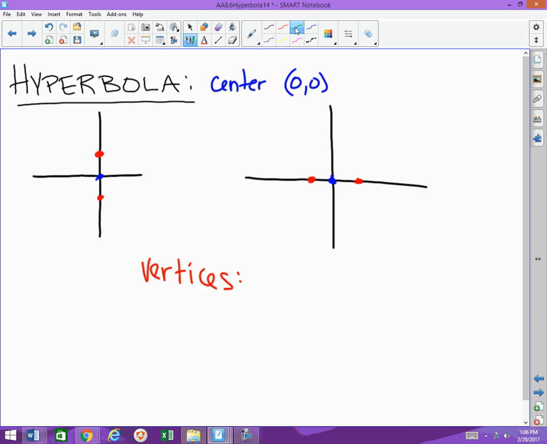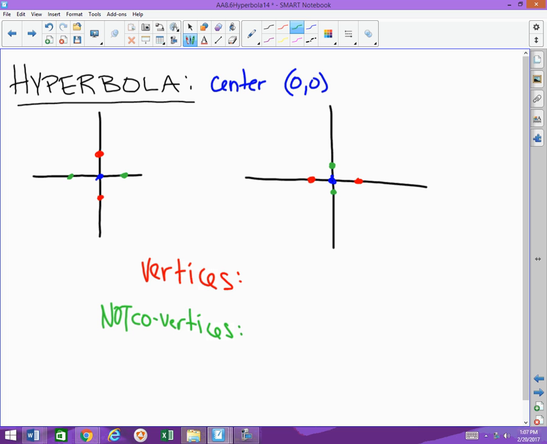There are also, I don't know, we don't really want to call them this, but they're kind of like covertices, like in an ellipse, but they're not. But they still have the same kind of effect on the hyperbola. The covertices are on the opposite axis, and sometimes they can be further apart, or sometimes closer together.